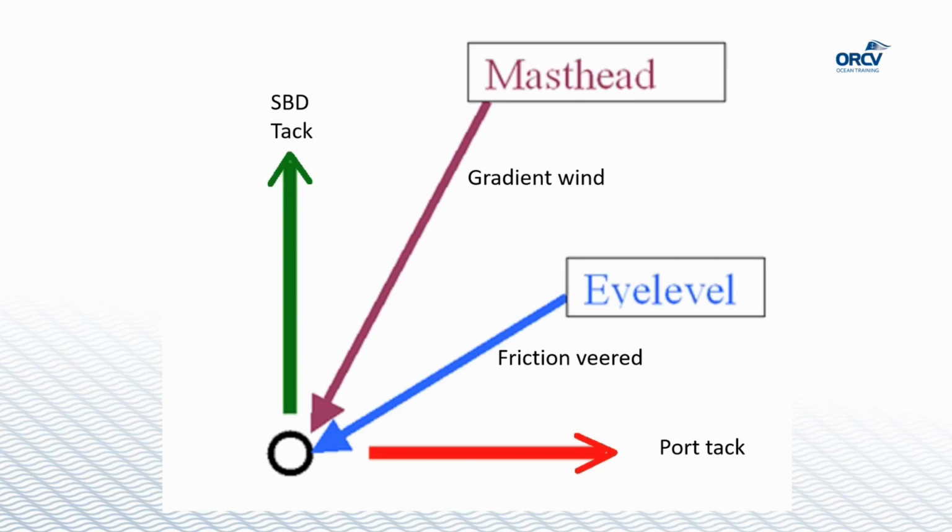In these same conditions, if you go on port tack, you see the angle here for the top of the mast. So you've got to move the car sheet on to get the bottom of the sail with a closed angle and the top of the sail spilling to get your maximum speed.